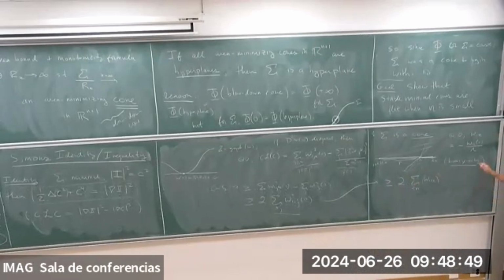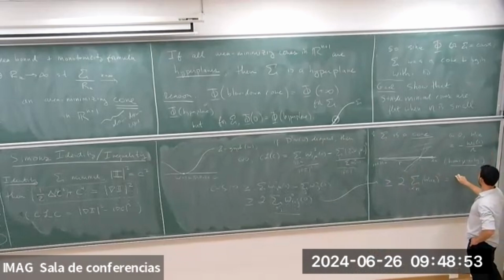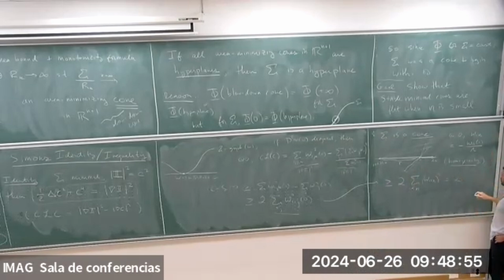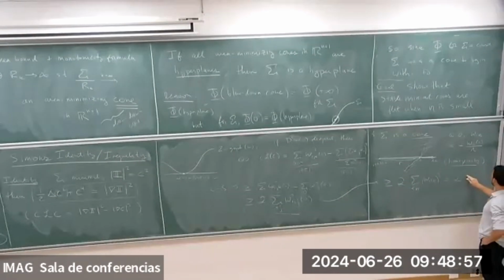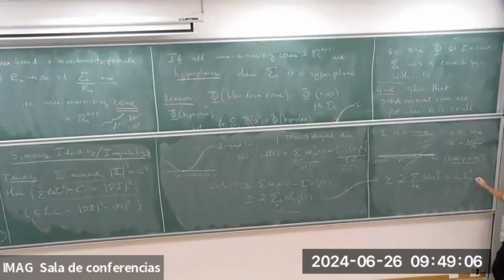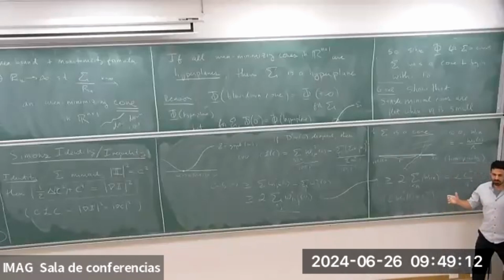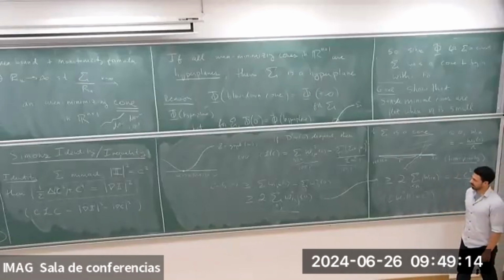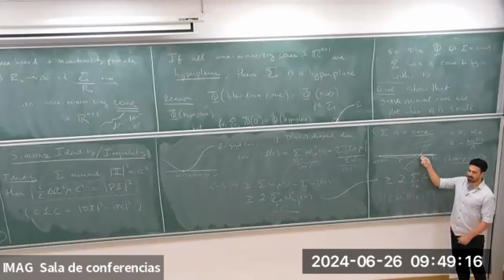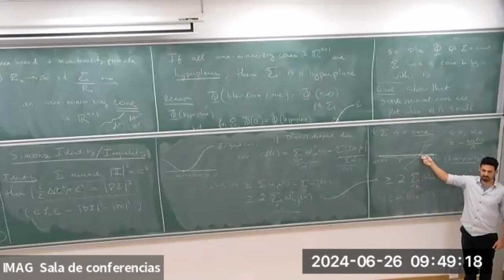And using this identity here, this is in fact the same thing as twice this squared over r squared. So in fact, we just get c squared divided by r squared. If you write a surface as a graph where the gradient vanishes, then the second fundamental form just vanishes.